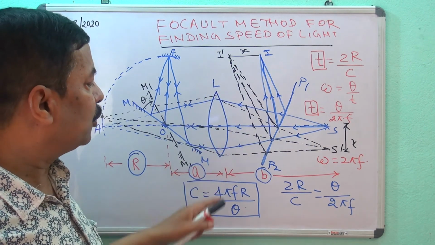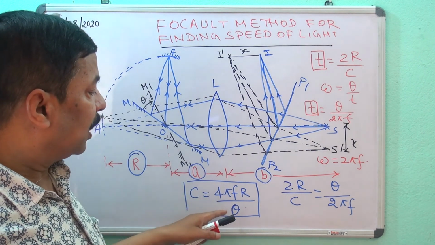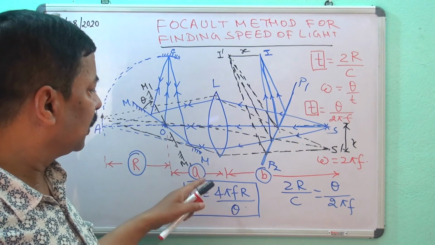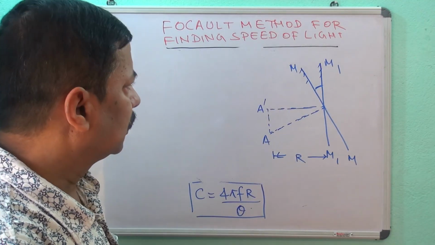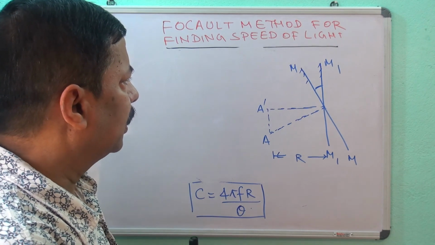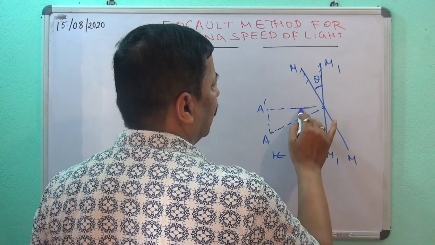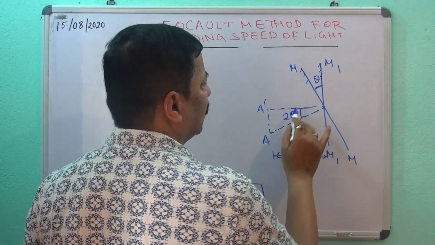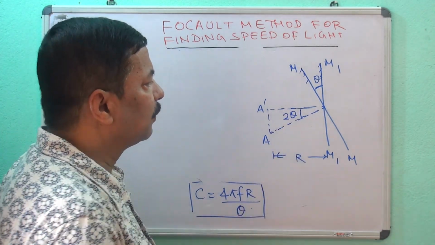Now we will try to express theta in terms of a, R and b. As you have seen, if the mirror rotates by theta, the reflected ray rotates by 2 theta. This is giving you the direction of the reflected ray.